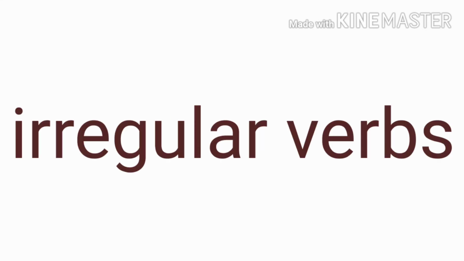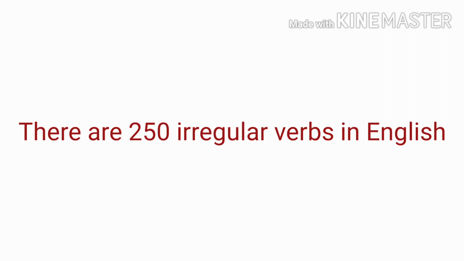Okay, so what's the meaning of irregular verbs? These verbs have their second form and third form of verb dissimilar to the first form of verb. The second and third forms are different from the first form, and we call this an irregular verb.